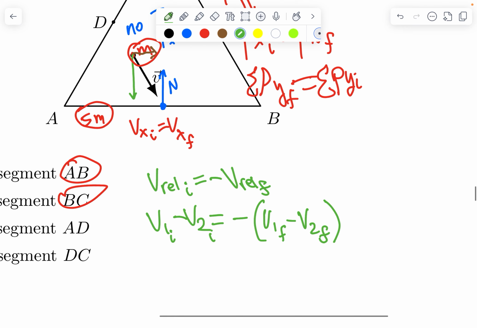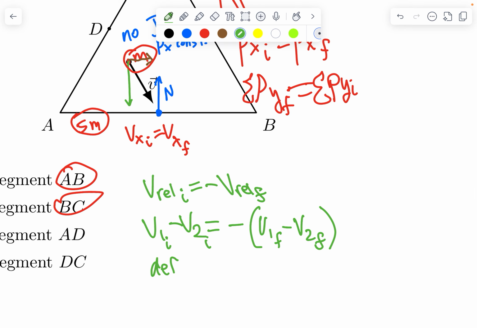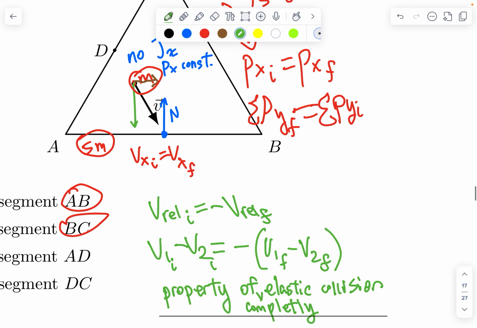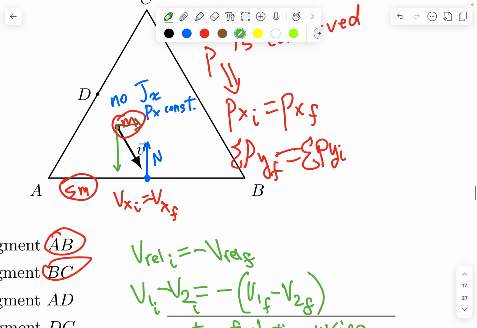This is not the definition, but a property, and it's basically the most important property in completely elastic collisions. It's just that the relative velocity swaps.